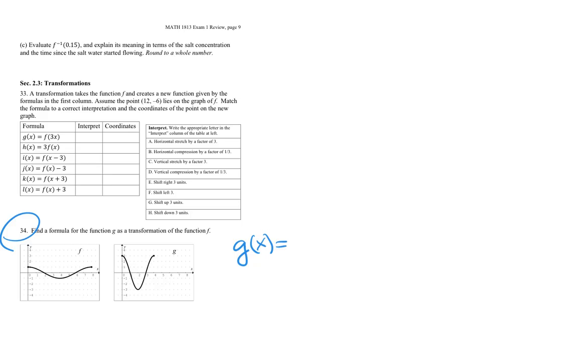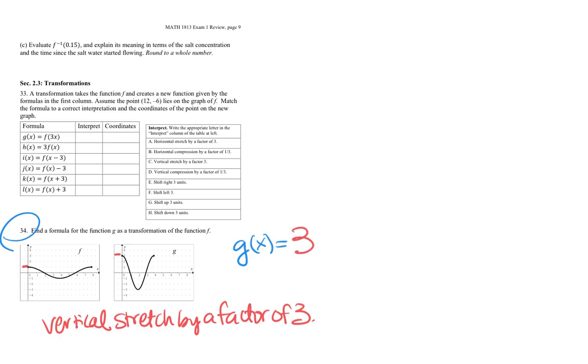One is that the maximum here is 1, but then here is 3. So I have a vertical stretch by a factor of 3. So that's going to put a 3 in front of my f of x.